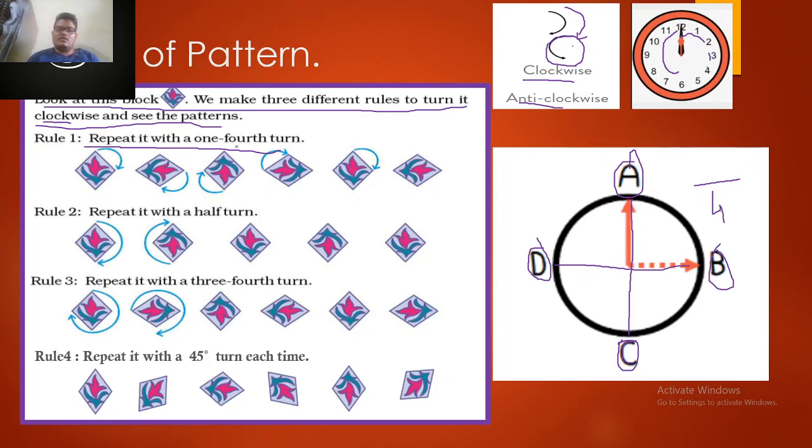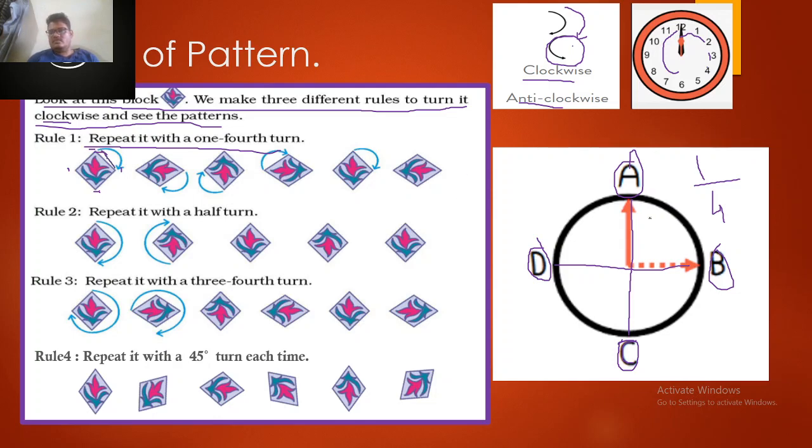Out of 4 parts we have to turn 1 part, which is a 1/4 turn, so we have to turn 1 time. These are the parts I am denoting here, these are the 4 parts. Now look, when we turn this portion to here, it will become here.